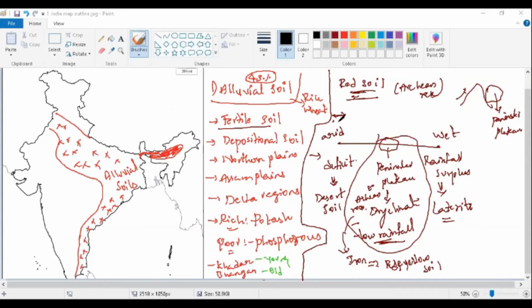Fine. So a few important points: it is rich in iron, as you already discussed, because of which it has red color. Whereas it is deficient in phosphate, potash, and nitrogen.